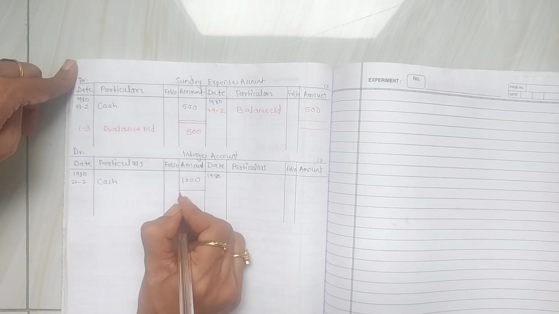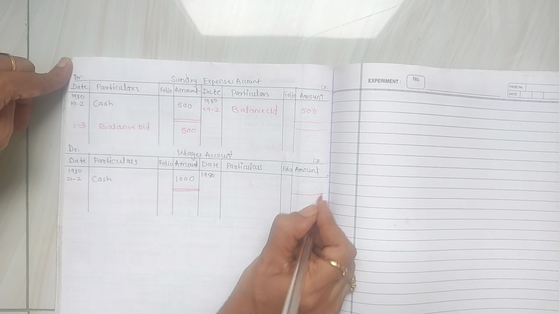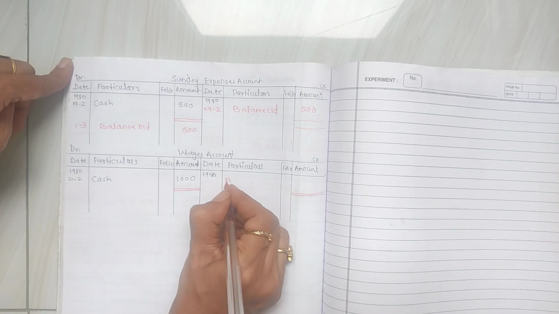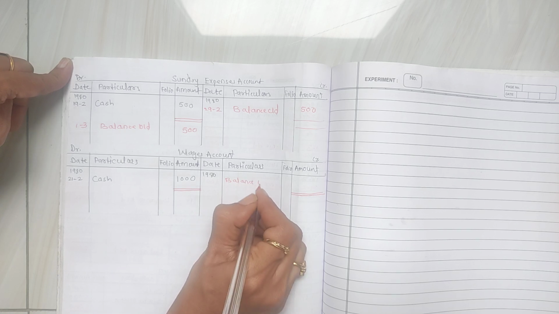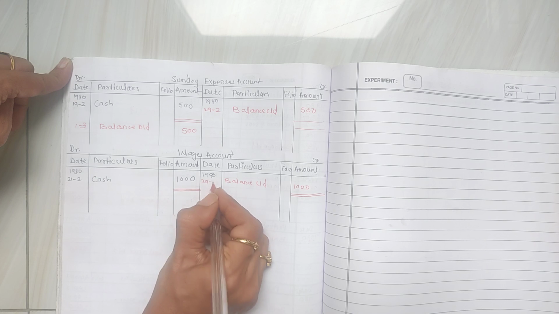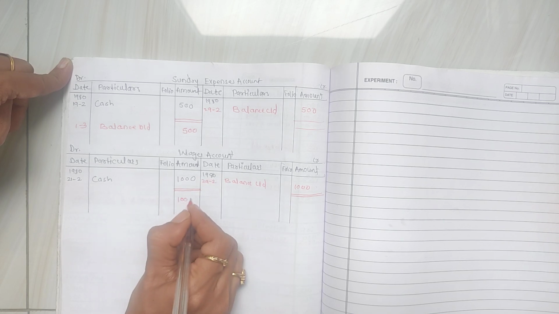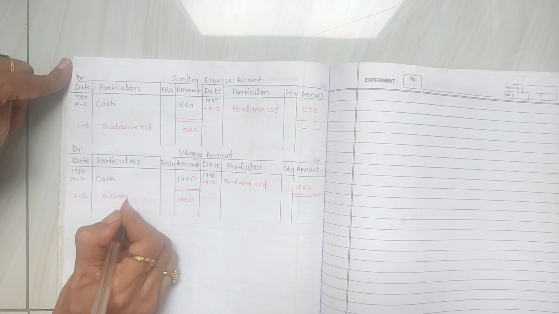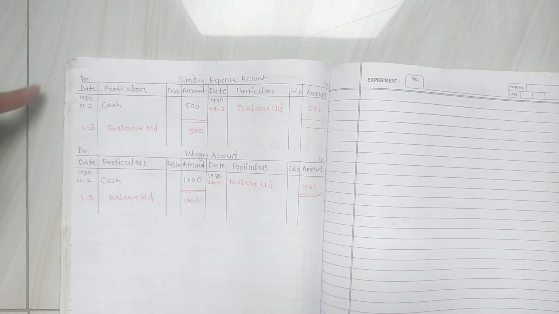Expenses always carry a debit balance. Now wages, balance carried down 1,000, which is carried forward, 1st March, balance brought down. So in this way we close the ledger accounts.